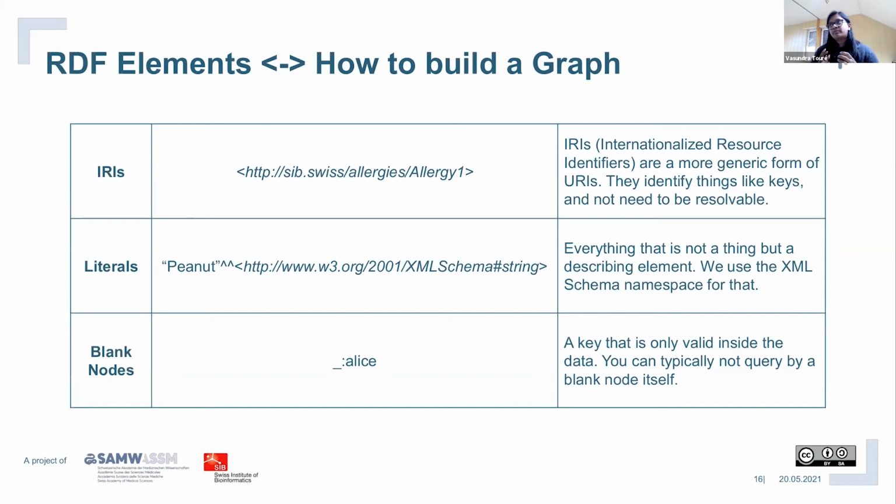You are probably familiar with links that you use in web browsers, where you put a link, you click enter, and then you get some content and metadata associated with it. So these are valid links, but IRIs can also be links that are not resolvable, meaning that you define those IRIs in a specific RDF document, but it will not necessarily lead to something in a web browser. So these are elements that we can use.